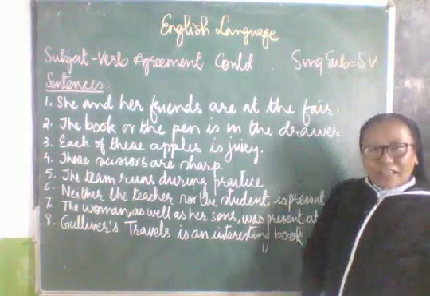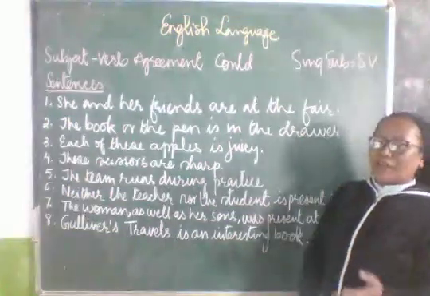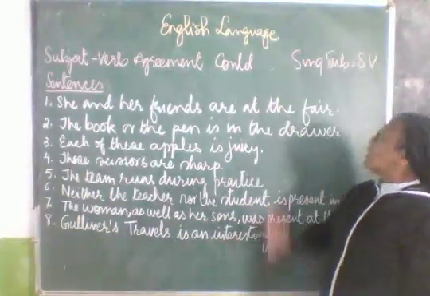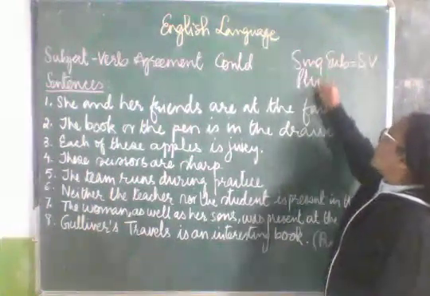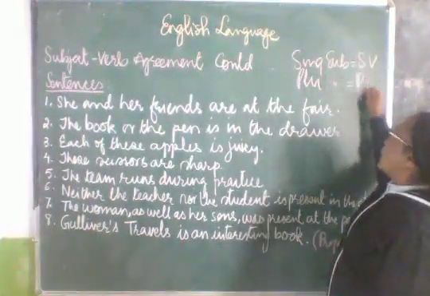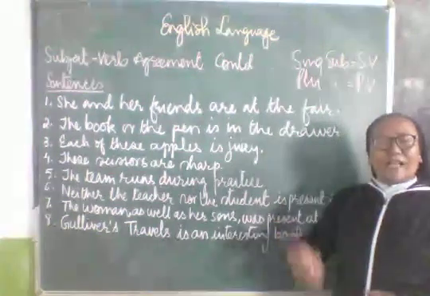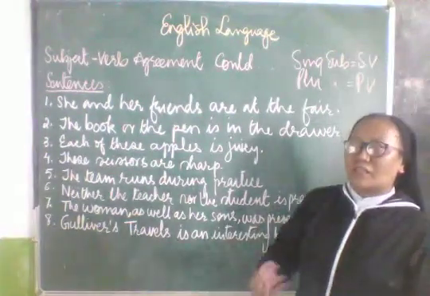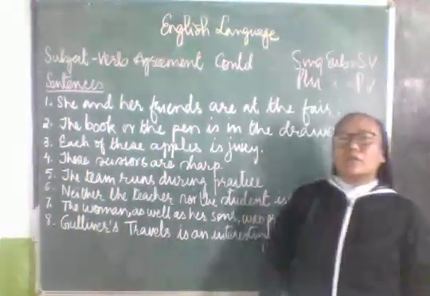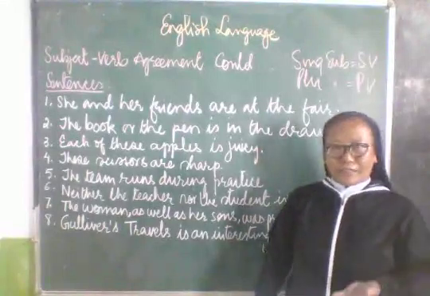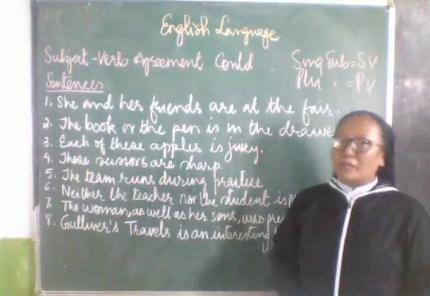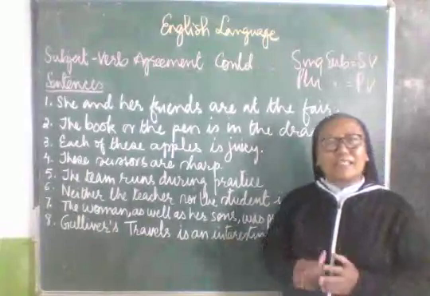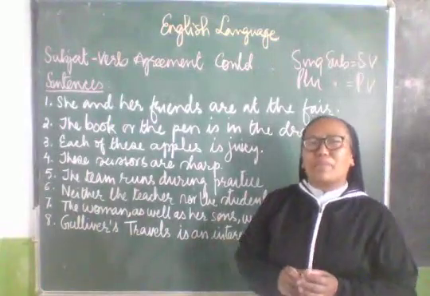Singular means one. And plural subject takes plural verb. Okay, more than one. If you find the subject more than one, that means plural, and then it takes what? Plural verb. So this is the basic thing that you will remember.